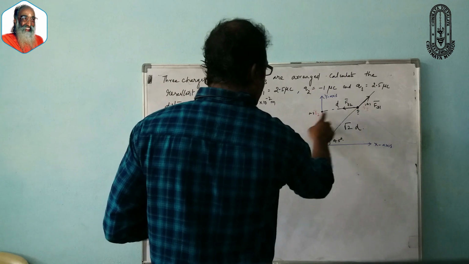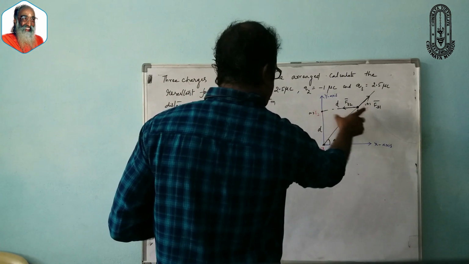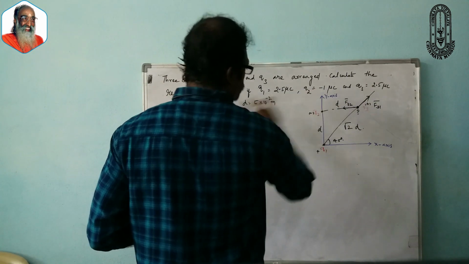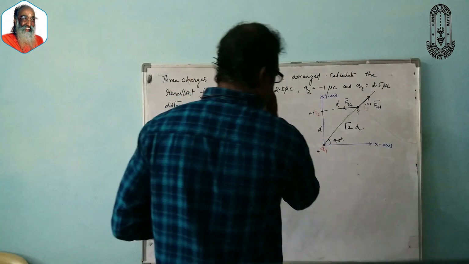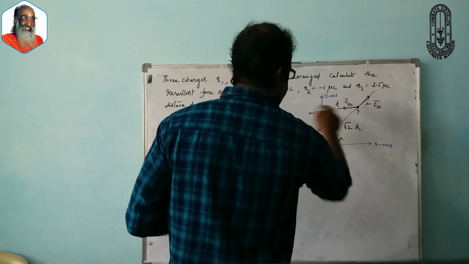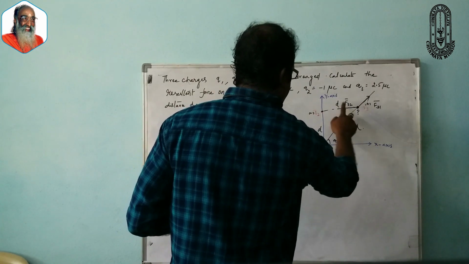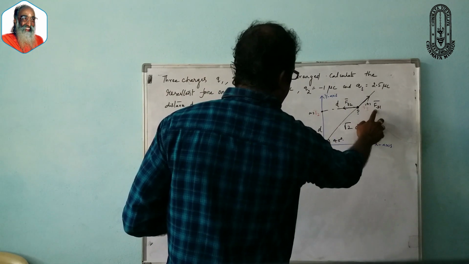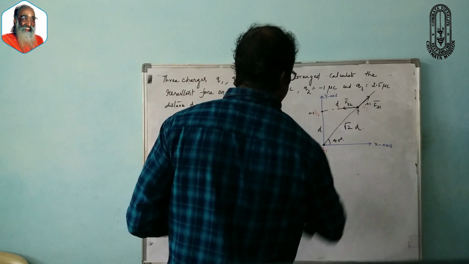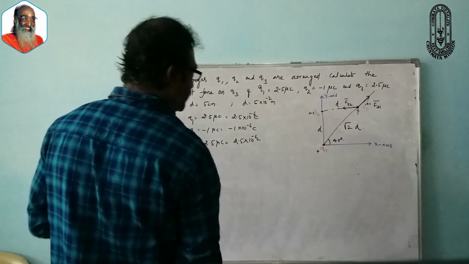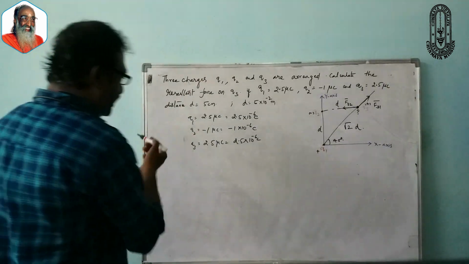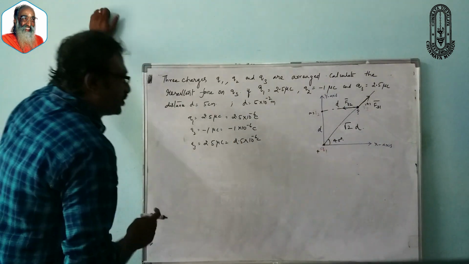And Q2 and Q3, this is negative and this is positive, unlike charges, so Q3 will be pulled towards this side. So it will be in this direction. This is F31 and this is F32: force on 3 by 1, force on 3 by 2. After making a diagram like that, we can go directly to solving this problem.